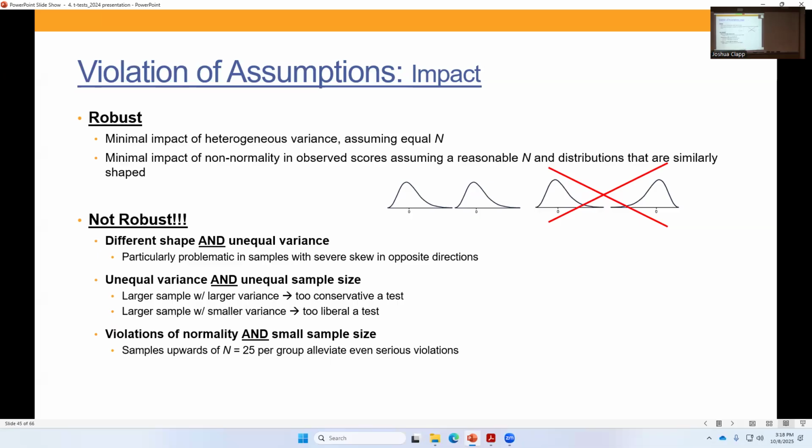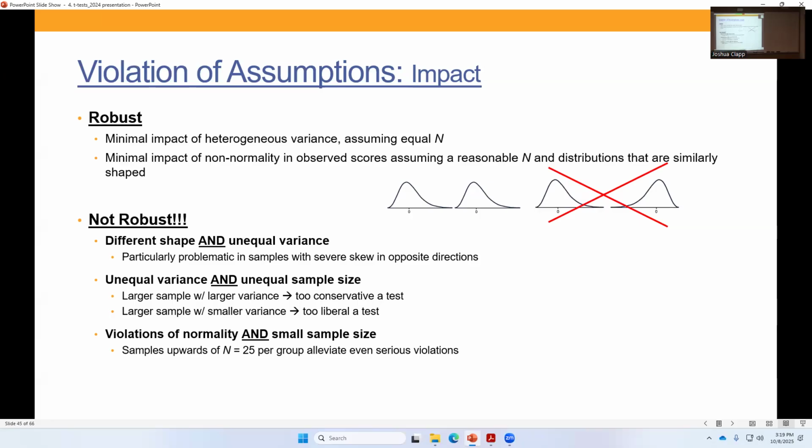But what happens if the sample that has more people has larger variance? What's that going to do to my pooled variance? It's going to make it larger. It will estimate the overall variance as much larger than it maybe is for the smaller group. And if my variance is larger, what's that going to do to my standard error? Makes it larger. And what's that going to do to my t-test?